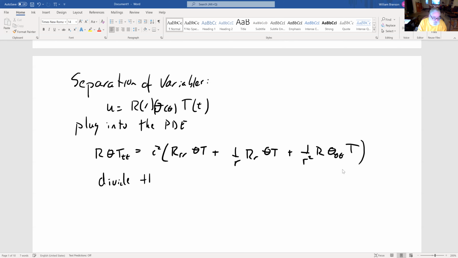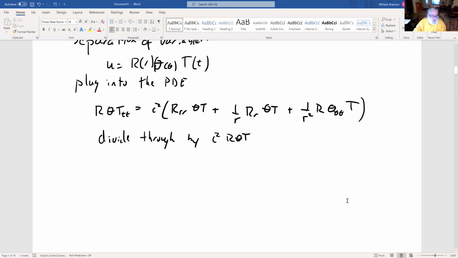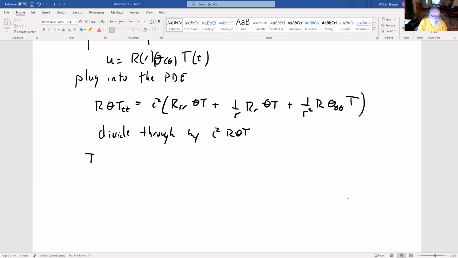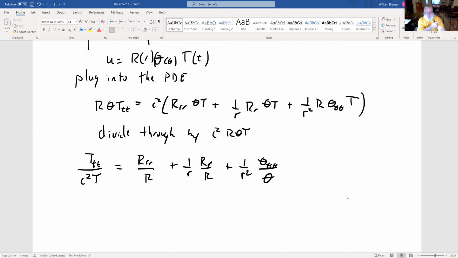And then we'll start separating the variables by dividing through by c squared R Theta T. That'll give us on the left side T'' over c squared T. And on the right side, you'll get R'' over R plus 1 over r R' over R plus 1 over r squared Theta'' over Theta.